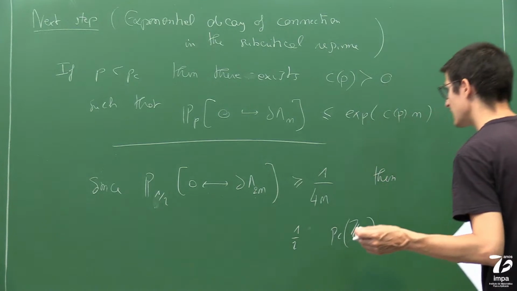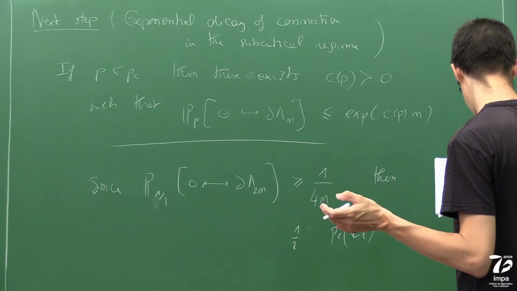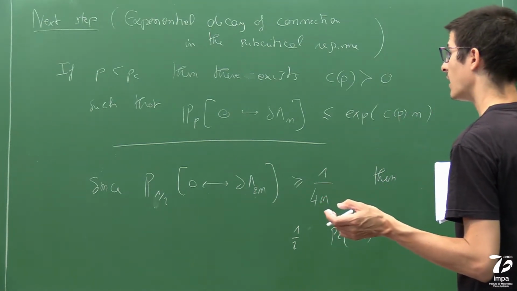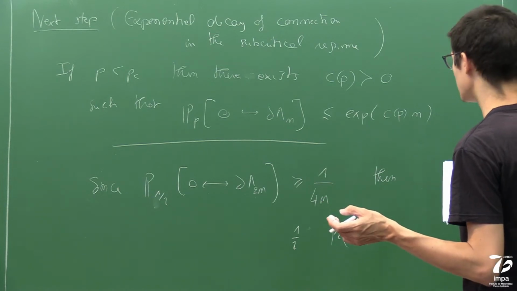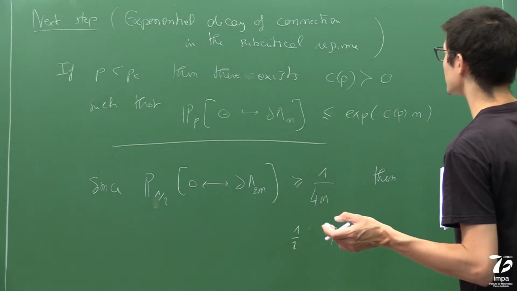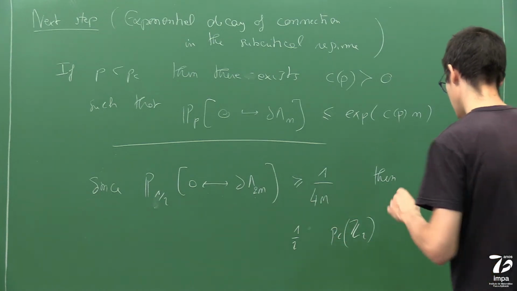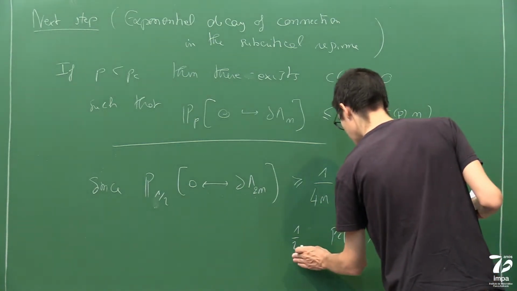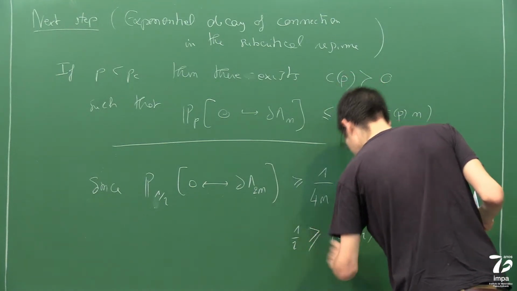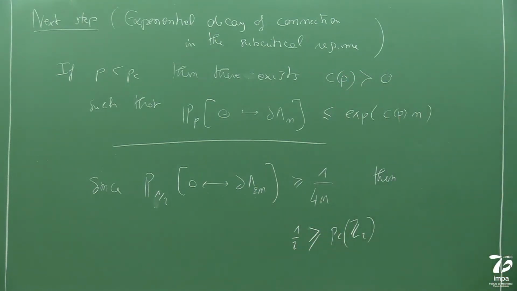So then we see that 1/2 is larger than p_c of Z^2.